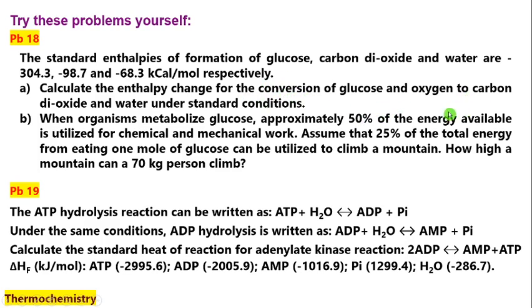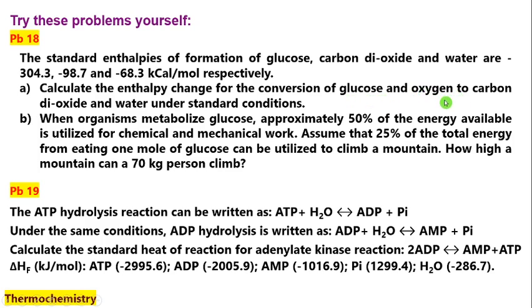So 25% of that means 0.25 times that much amount of energy. If it is used to climb a mountain, how high can he climb? We have an equation that energy will be equal to potential energy, mgh. Mass we know, gravity you know, height is the question. Energy is 25% of the energy you get, because here it's per mole of glucose, right?